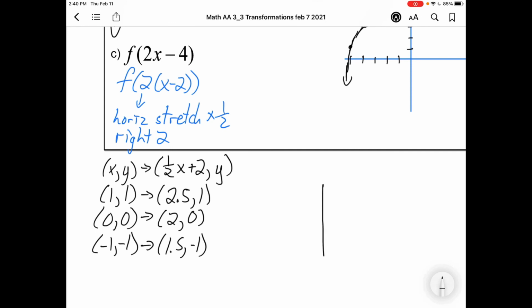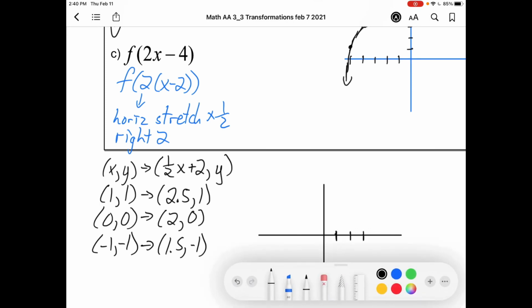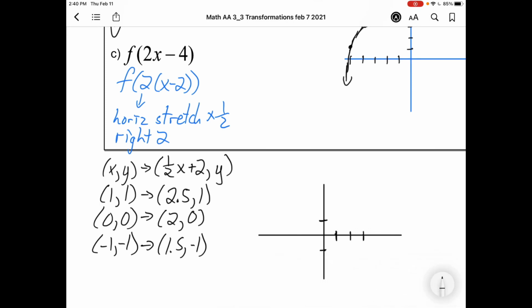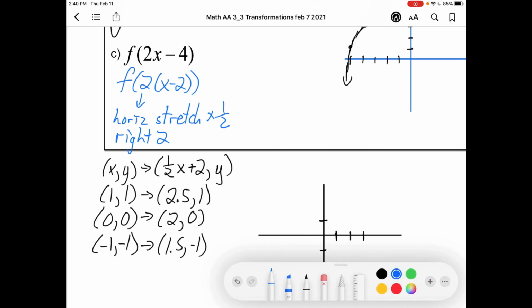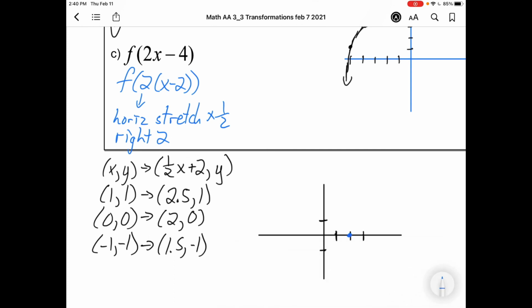At this point, we can make the graph. Let's keep this in black for now, and now move to blue. So 2, 0 is sort of Travolta's neck.